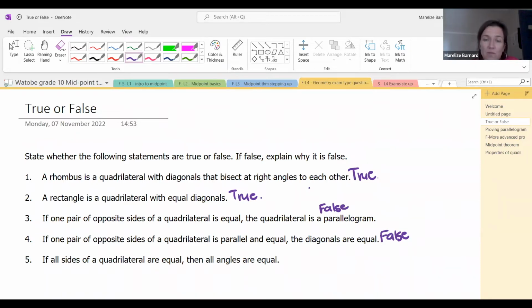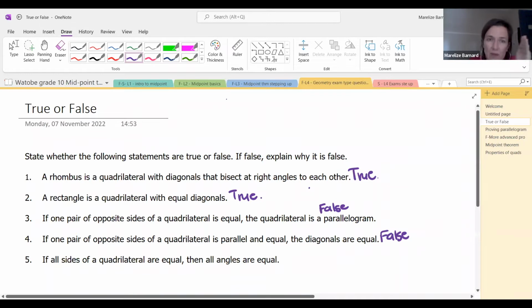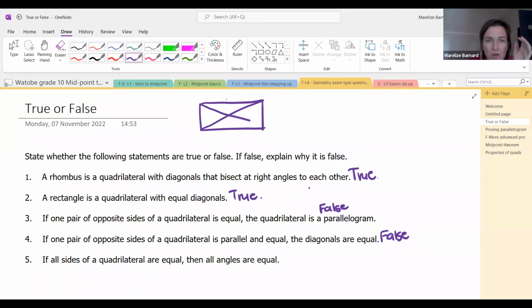Yes, that works for a rectangle, but it doesn't work just for a normal parallelogram. The only quadrilateral, by the way, with equal diagonals is a rectangle. So if you go to your textbook or your notes, you should have something like this where we show that the diagonals are equal and one pair of opposite sides are parallel and equal, because a rectangle is also a parallelogram.